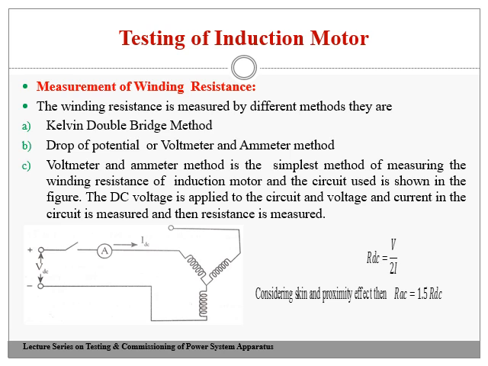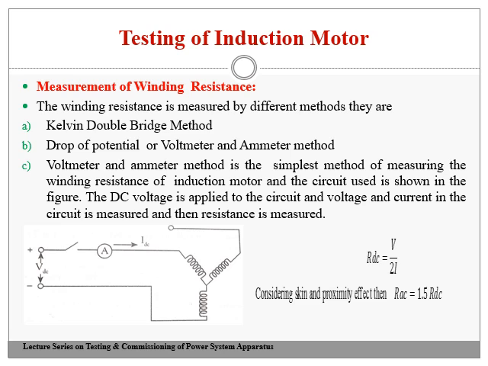The simple voltmeter and ammeter method is shown here. You can take the stator winding and rotor winding, which is star connected. I am going to apply voltage and close the switch, and I measure the current flowing through these two windings. Therefore, I can find the resistance of the winding with a DC supply, R_DC equals V by 2I, because two windings are there.